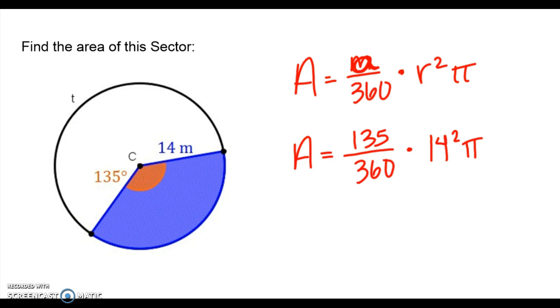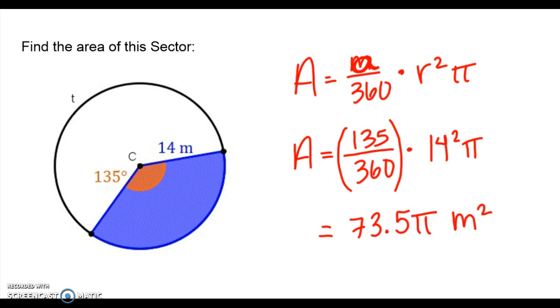When I'm plugging this all into my calculator, please make sure that you're putting parentheses around this whole thing so your calculator understands what's happening. And then I'm going to multiply it by 14 squared, and I end up with 73.5 pi.